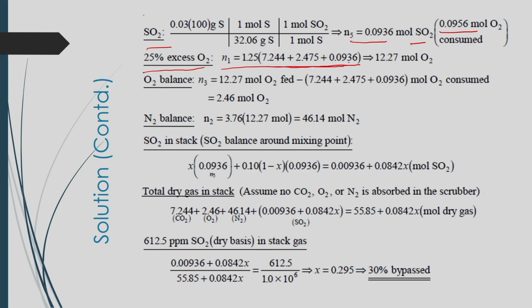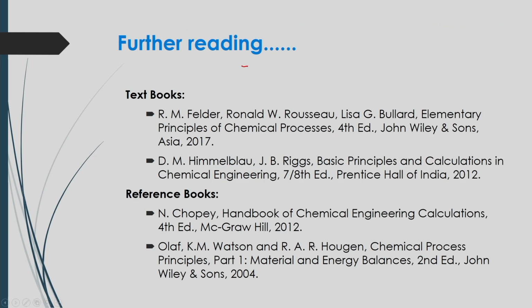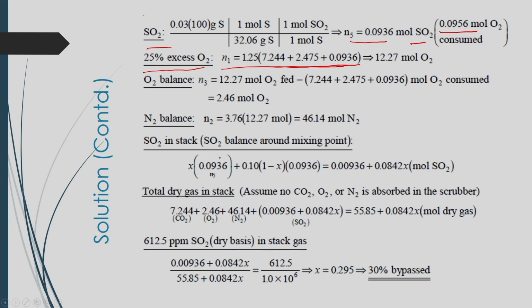This is the required oxygen, and since there is 25% excess, you simply have to multiply by 1.25 with the oxygen consumed for complete combustion. It will come out as 12.27 mole of oxygen.